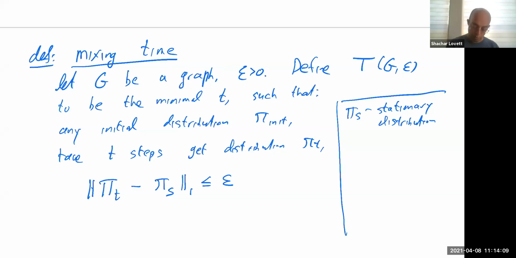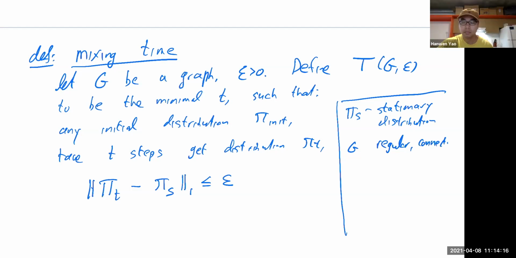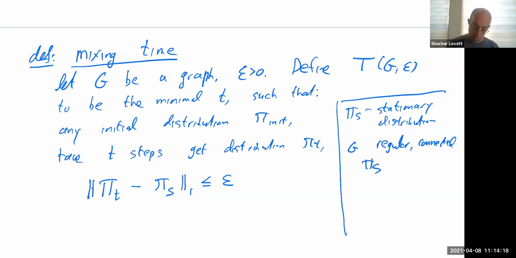And we said that if G is regular and connected, then pi_S is just the uniform distribution. That's the only possible stationary distribution. So if I'm at a completely uniform node and I take a single step, I'm still going to be at a completely uniform node. Okay, that was one comment.